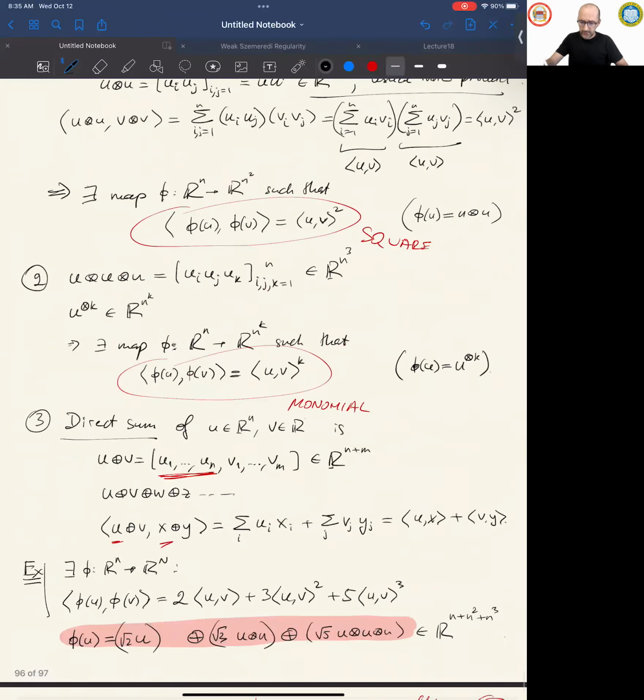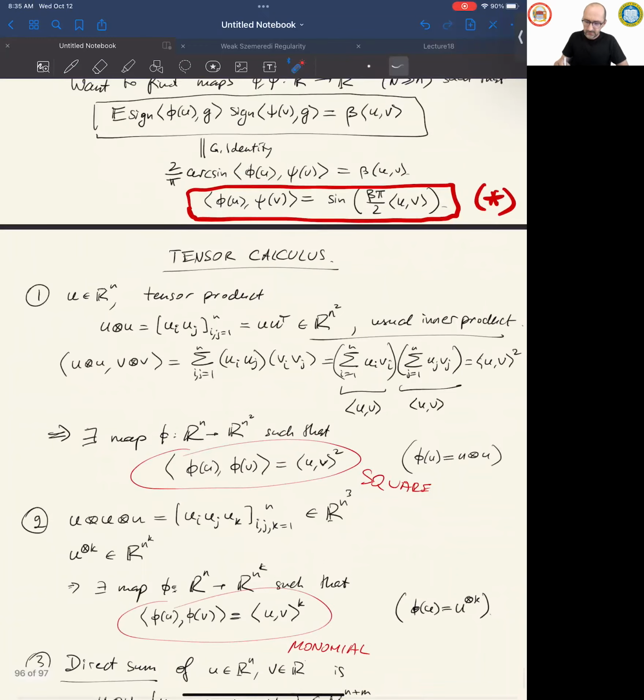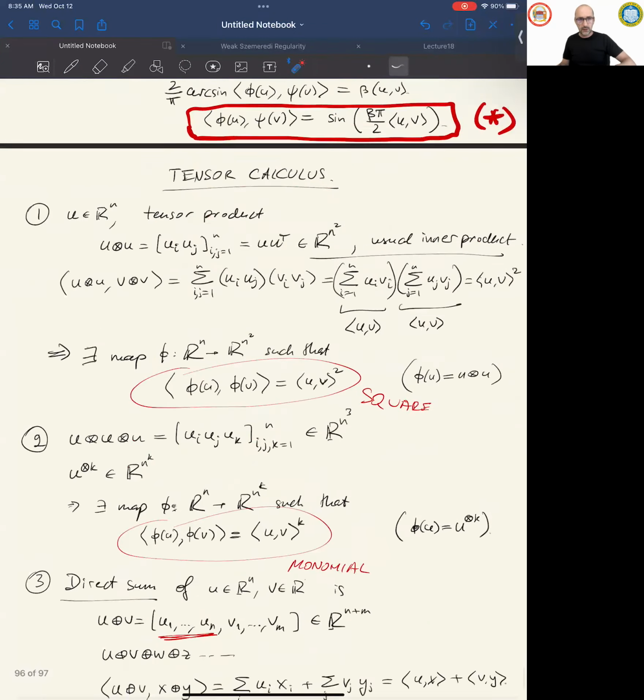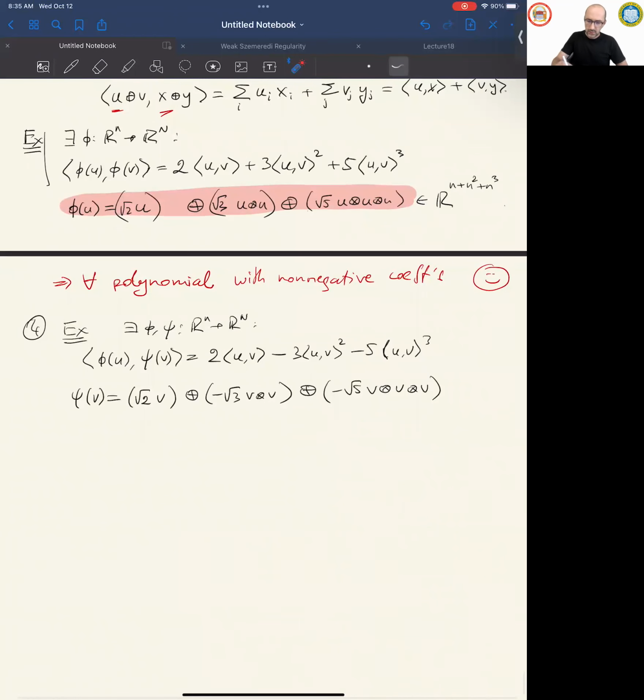So remember, our light at the end of the tunnel is to produce phi and psi to realize the sign nonlinearity. We're getting close. We can now realize any polynomial.